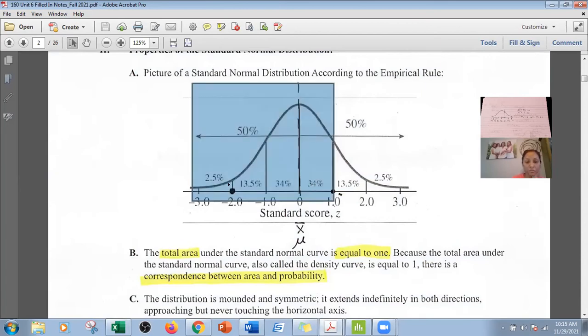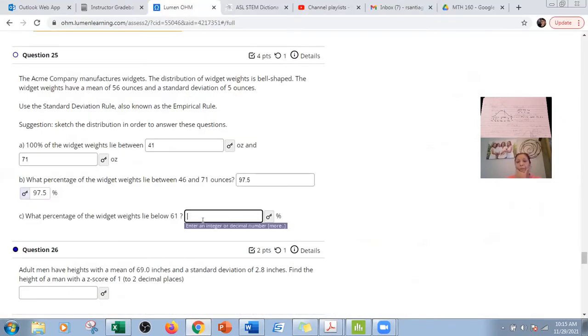We're just going to add these percentages, or otherwise we could take this 50 and add the 34 here. So that's going to give us a total of 84%. Let's go back. 84% lies below 61, and there you have your solution.